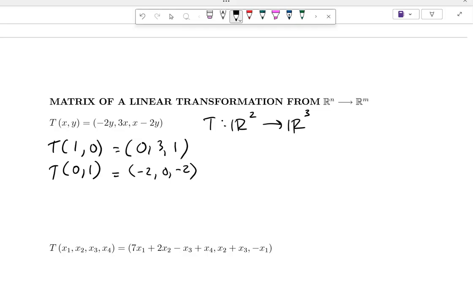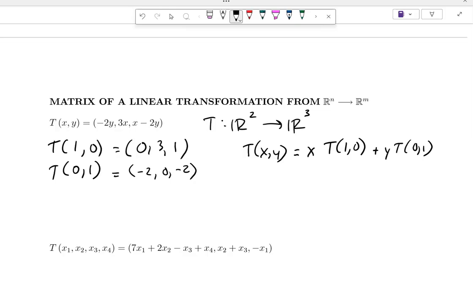I already know what the transformation does. But I also now know that my transformation applied to x, y is going to be x times the transformation applied to 1, 0 plus y times the transformation applied to 0, 1, right? We agree?